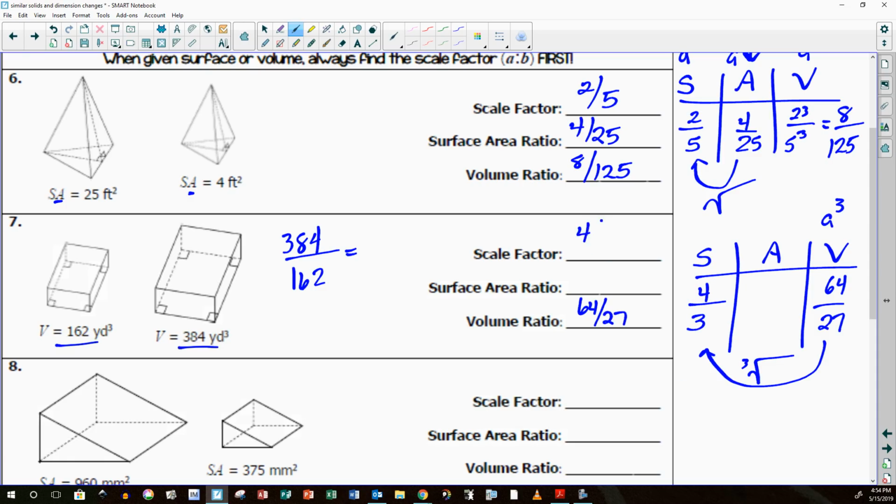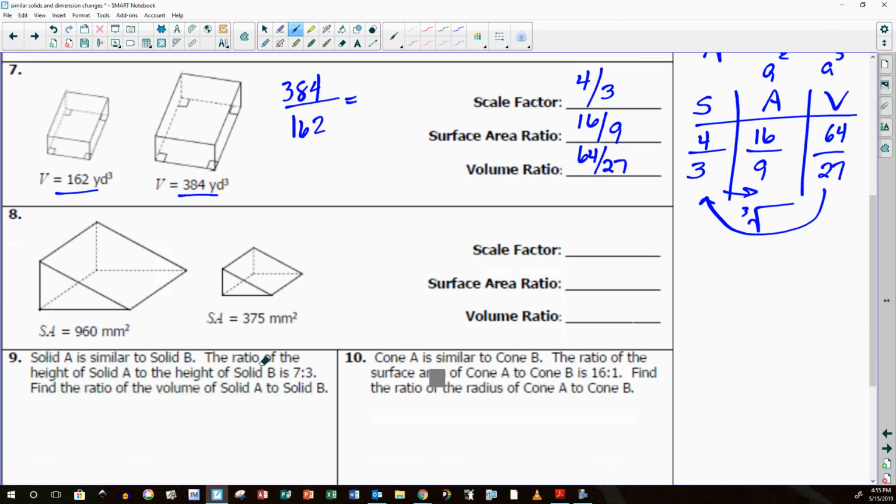So now this scale factor is 4/3. Now if I square it, because remember this is your squared column, 4 squared is 16, 3 squared is 9. So now I've got 16 over 9. So you can start at the beginning and go forward. You can start in the middle, go back, then forward. Or you can start in the very last column, go to the beginning, and then go this way.